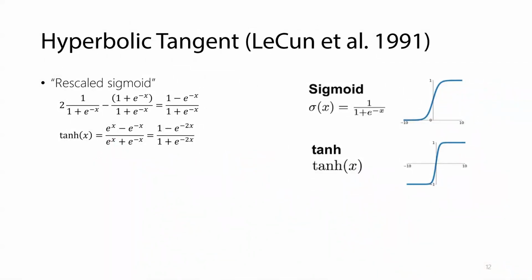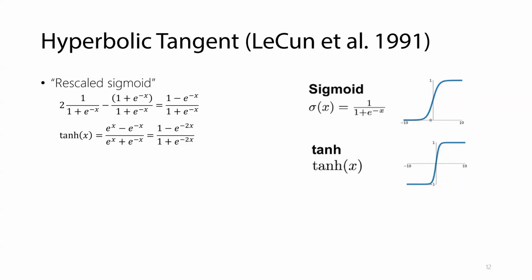Now, hyperbolic tangent. Oh, before we move on, any questions? All good? Well, if the sigmoid makes sense, tanh, or hyperbolic tangent, is basically the same thing. So by definition of hyperbolic tangent, we have this exponential representation.